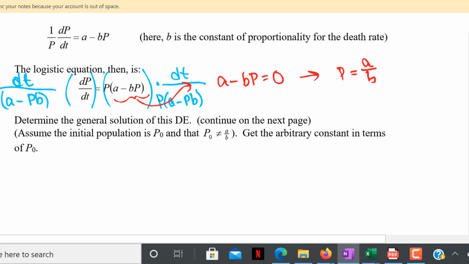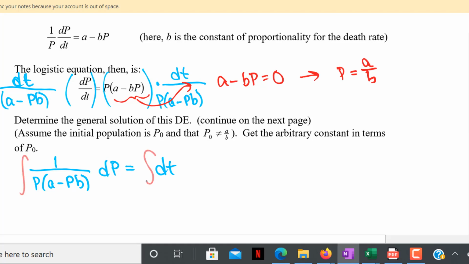On the left, the dt's cancel, and I'm left with 1 over P times (A minus BP) dP. And on the right, the P times (A minus BP) cancels, and all we're left with is dt. If you want, you can put a 1 there. So now I've separated the variables, which means I'm ready to integrate on both sides.